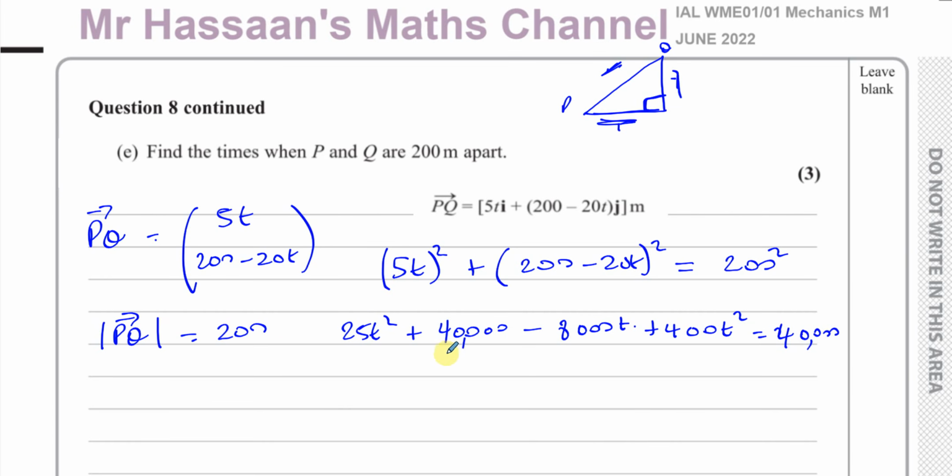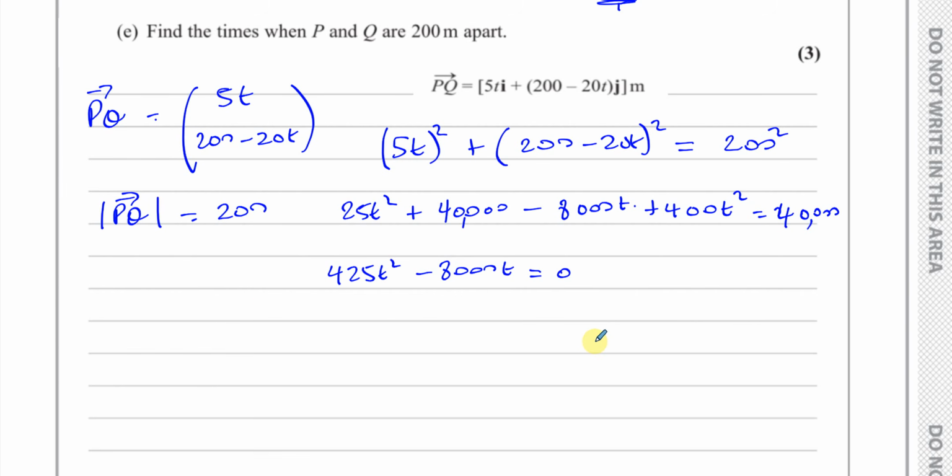Now we can try to bring everything on one side. We have 25t squared plus 400t squared, which is 425t squared, minus 8000t. If you bring these numbers together, they're both 40,000, they give you 0, so equals 0. To solve this equation, we can take t as common, because it says find the time, so there's more than one time.